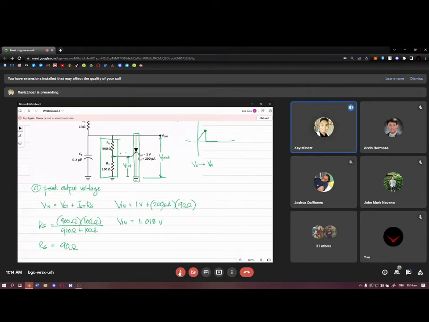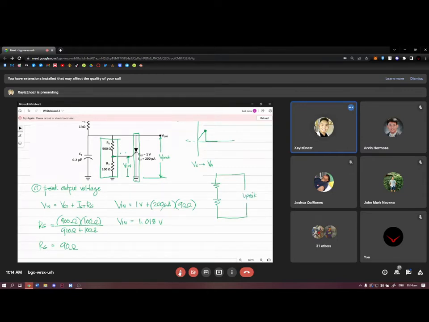Okay, so ano pa yung VN natin? Kung mapapansin nyo, yung output natin, V-peak, since open to technically, is nakaparallel doon sa connection ng 900 ohms tsaka 100 ohms. So kung i-isolate ko yan, so ganito yan. So ito yung V-peak.